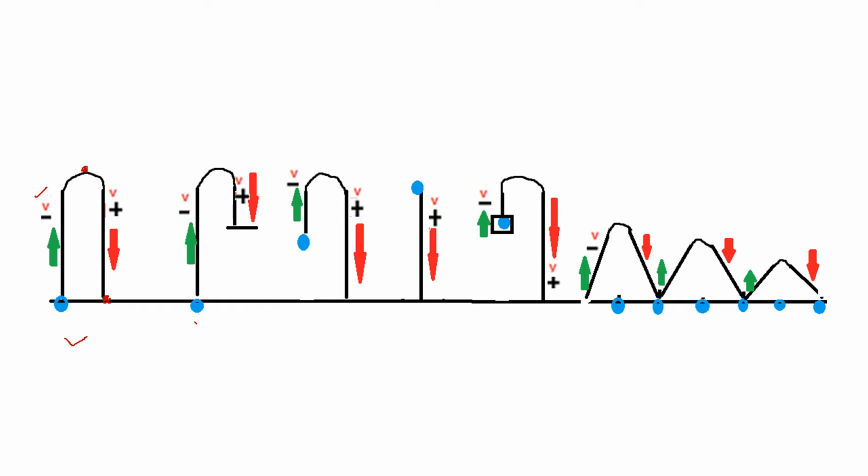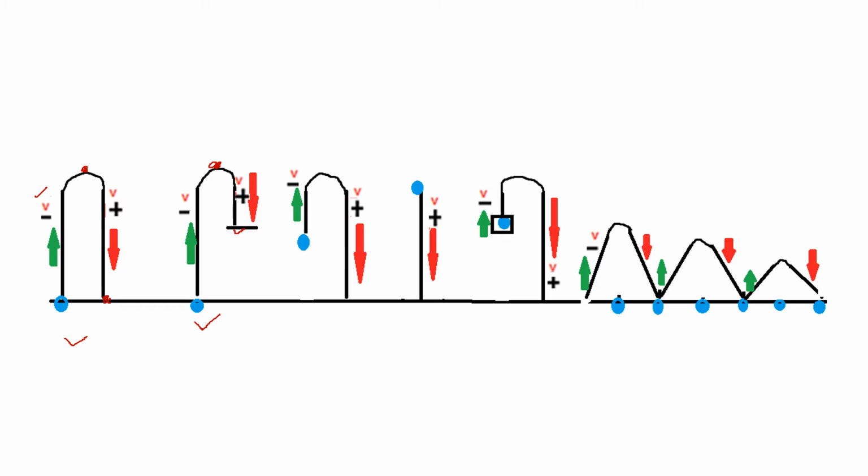If we look at scenario number 2, my point of reference, again the blue dot, the object is thrown up, reaches a maximum height where it's 0 velocity, and then it falls down, but not completely to where it came from. It stops somewhere midway.